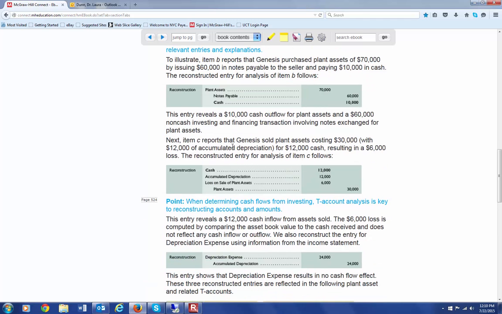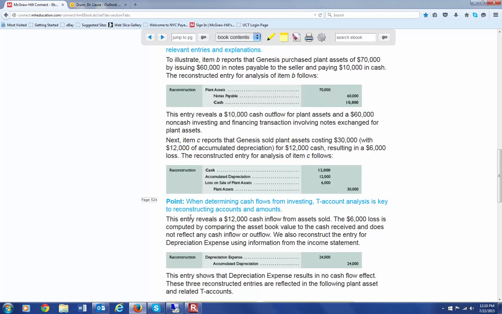The next item says that they sold plant assets that cost $30,000, that had $12,000 of accumulated depreciation, but they only got $12,000 cash. That results in a $6,000 loss. So if you reconstructed the journal entry for that, you would say cash came in at $12,000, accumulated depreciation, we debit for $12,000, there's a loss on the sale of the asset for $6,000, so then we credit, because we're taking this plant asset off the books because we've just sold it, plant assets for $30,000.